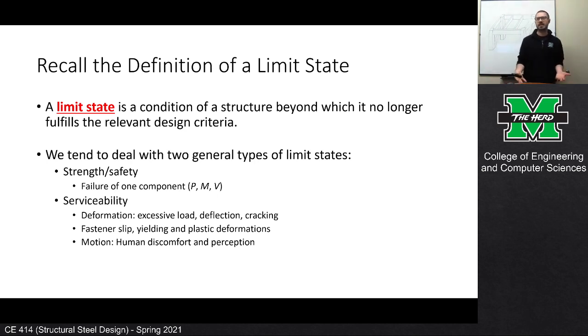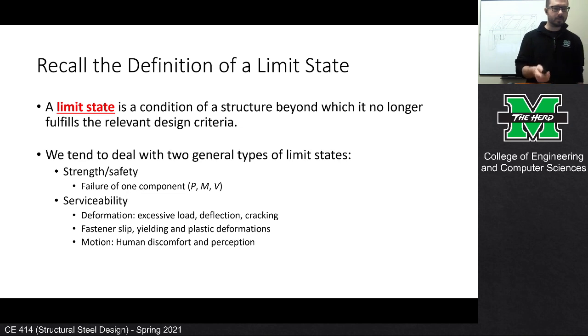Our strength limit states will be related to yielding and fracture, and then there's a weird one called block shear, which we'll talk about near the end. And then we'll also consider a service limit state related to a member's slenderness. But we'll get to that as we go. But the big picture I want to convey is that with tension members, we actually get to handle both of these.